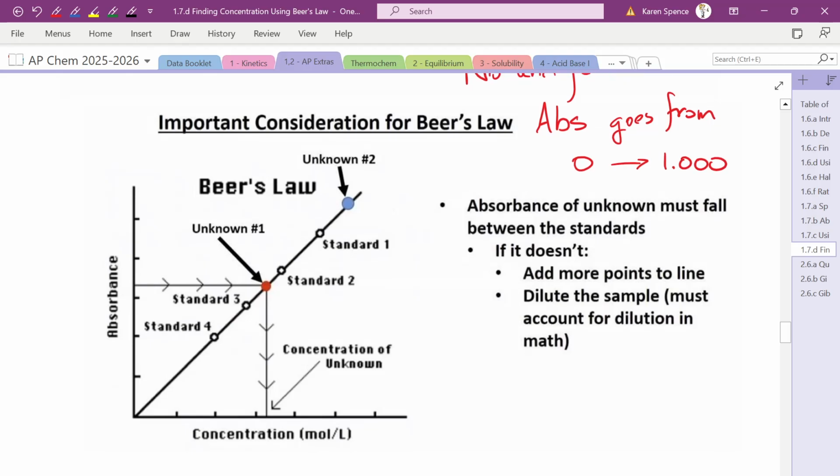All right, important considerations for Beer's law. Absorbance of unknown values must fall between the standards. So here are your standards. Those are the ones that you prepared, those little test tubes of known concentrations. Remember the word standard means a solution of known concentration.